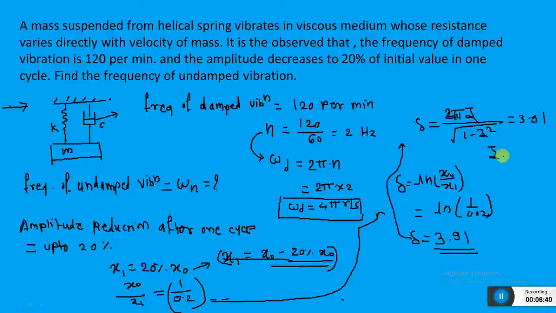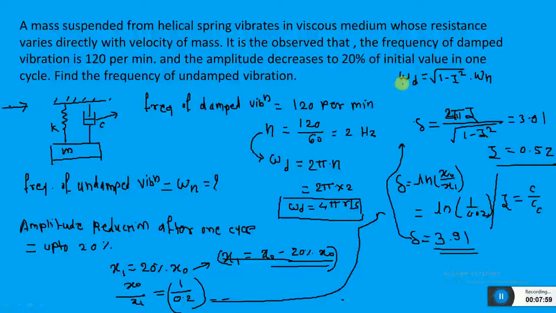So from this zeta is equal to 0.52. Now from this zeta we have to find out the omega n. Now we have got the zeta value, so we have to just find out the omega n value. So we will use the relation between omega d, omega n and zeta. We have the standard formula, which is omega d is equal to square root 1 minus zeta square into omega n.